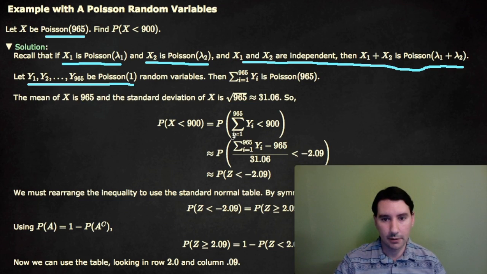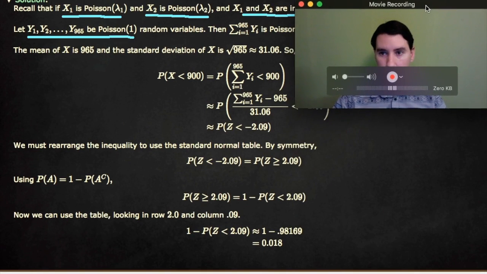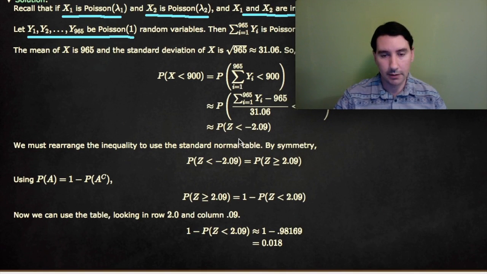So we can now normalize this sum, subtract the mean and divide by the standard deviation, and we get negative 2.09. So this is approximately the probability that a standard normal is less than negative 2.09. And to use the table, we need to do a little rearranging.